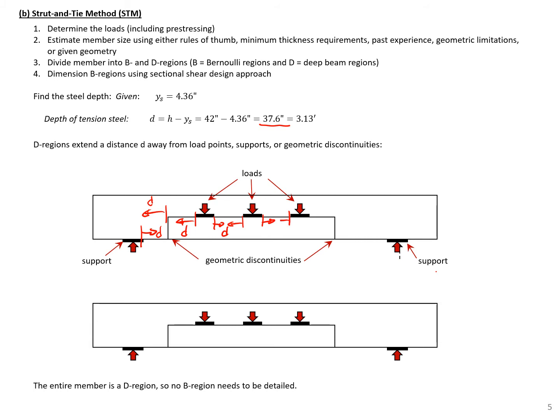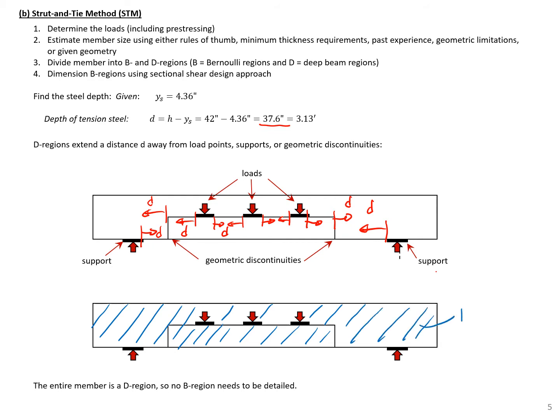So you can see when we end up getting all of our Ds, we'll have that the entire beam is a D region. So our entire beam then is going to be a D region. So for this beam, we're going to use the Strut-and-Tie method to analyze the entire beam.